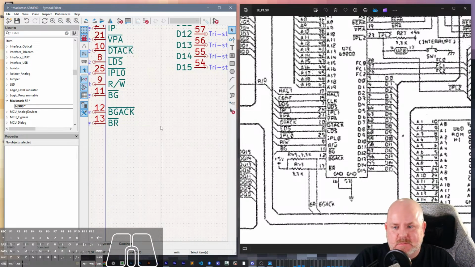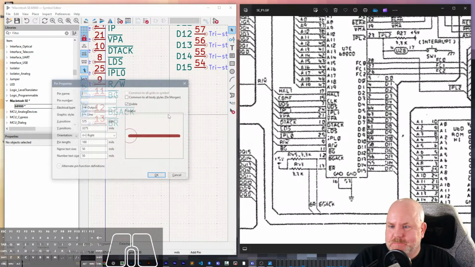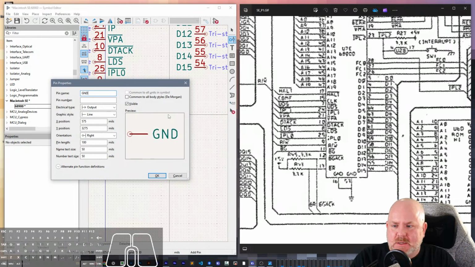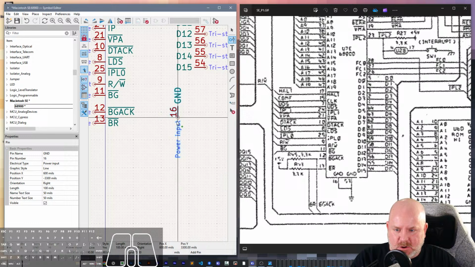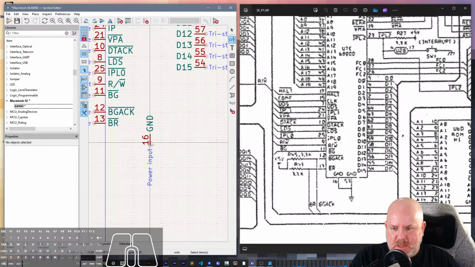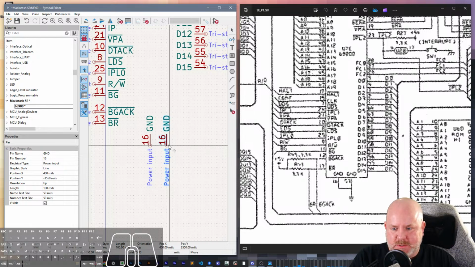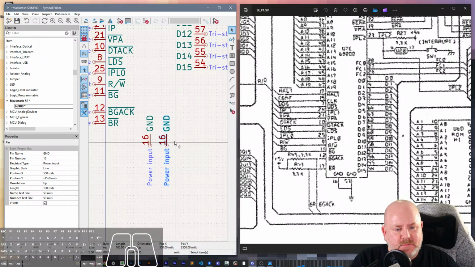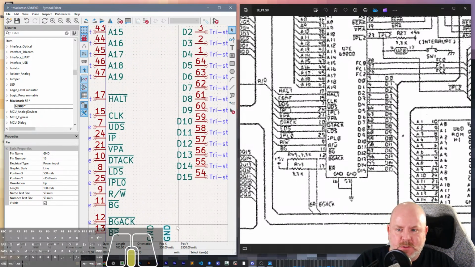Okay, so now we'll do another pin. And we'll do ground 16, and this is a power input, which is always confusing to people new to KiCad. Power inputs are for pins that consume from the power rails. There's creators, or providers, and there's users on the power rails.